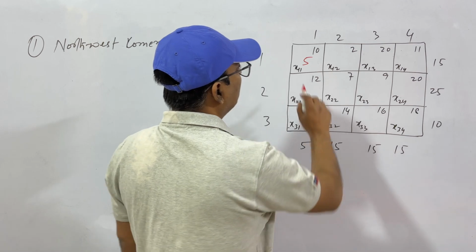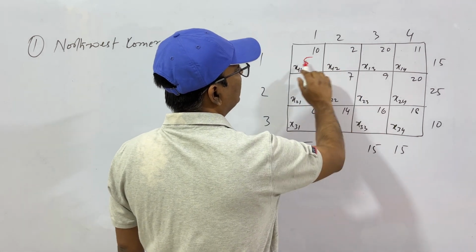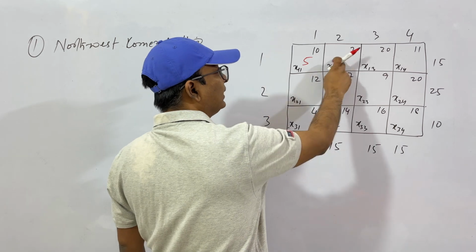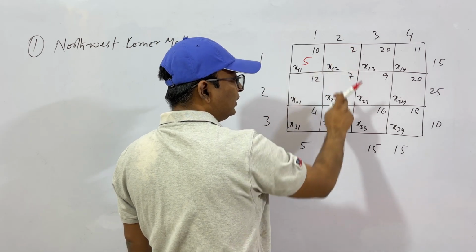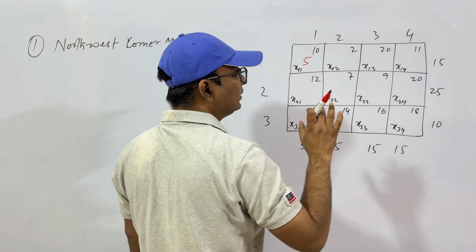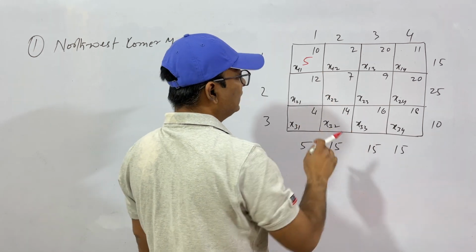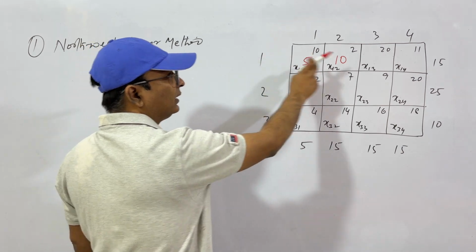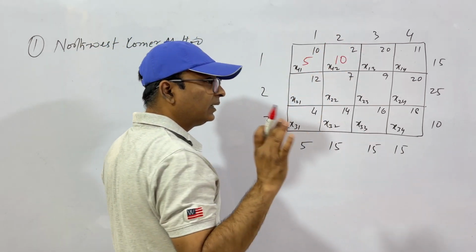Now, I told you, go to this side. What is left? There are 10 items left of this particular unit. The demand for this second unit is 10. Is it less than the demand or equal to the demand? Yes, 10. So you are left with 10 items, and this second unit has a demand of 10 items.